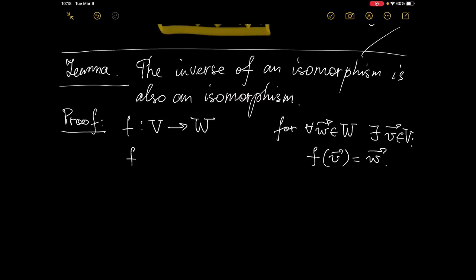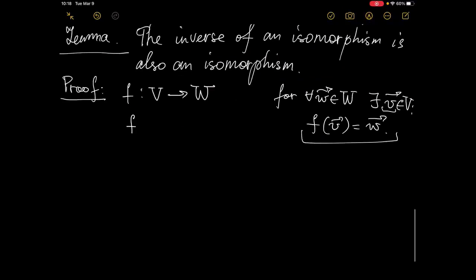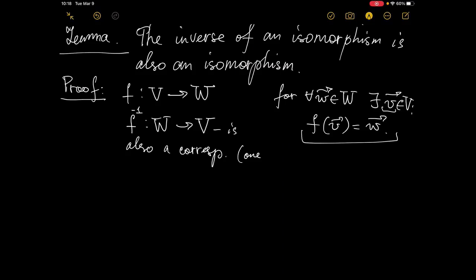Because we have onto, it means this, and because we have one-to-one, it means that this v is unique. So it means that I can introduce an inverse function from W to V. Okay, now this is also a correspondence, which means one-to-one and onto.